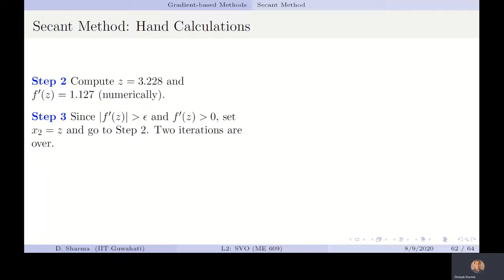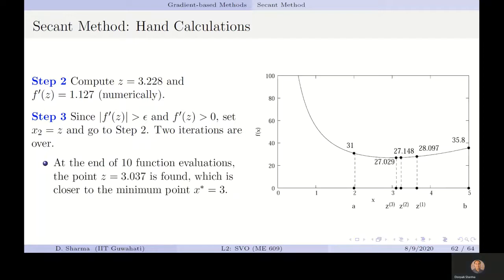That makes two iterations complete. If we keep on running this method, then after 10 function evaluations, you will realize that we get a point Z of 3.037, which is very close to our optimal point.